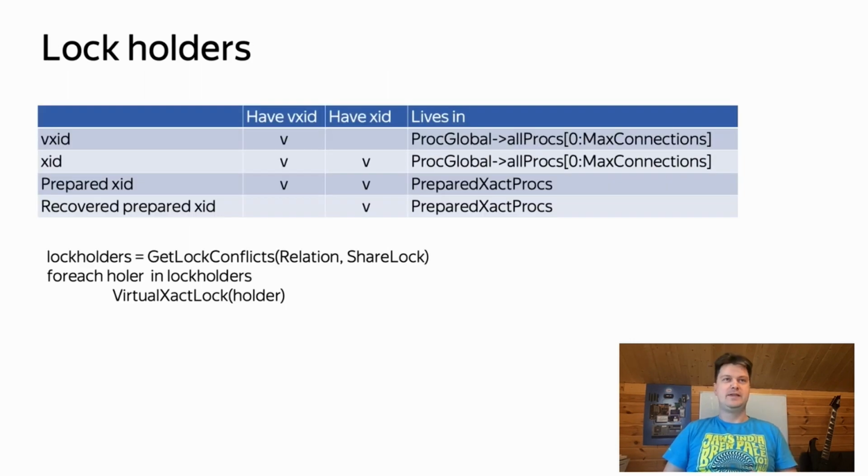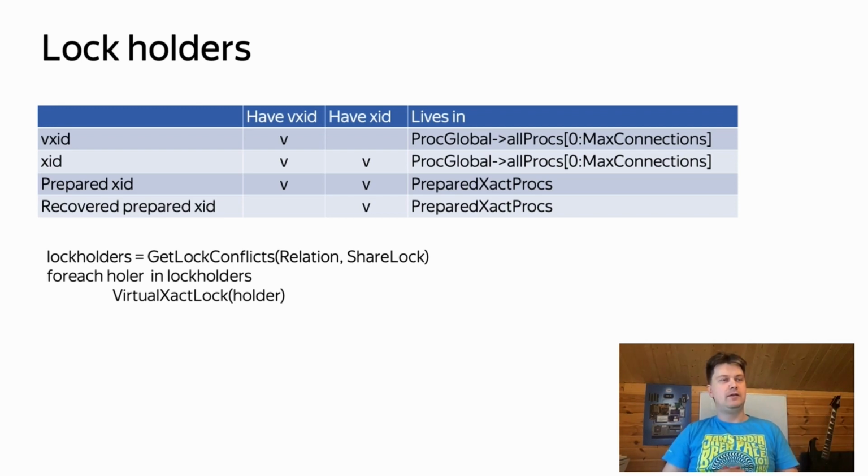Remember this table. So we have prepared transactions and recovered prepared transactions. Recovered prepared transactions obviously do not have a virtual transaction identifier because they were created by backends of a previously running database, not the currently running database, probably a database on a different timeline.